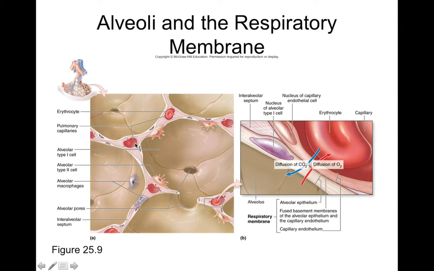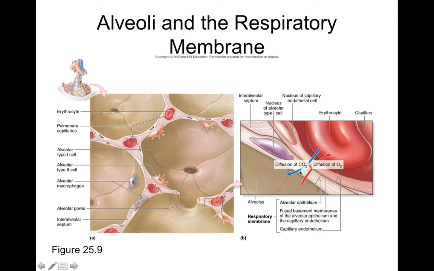Now, if we zoom in on the respiratory membrane here, we look up really close right here, what we find is that here's the air-filled space of your alveolus, here's the blood-filled space of a capillary, and there's a cell here. This is the endothelium of the capillary wall. Over here is the type 1 cell of your alveolus, and we have a basement membrane just between the two.